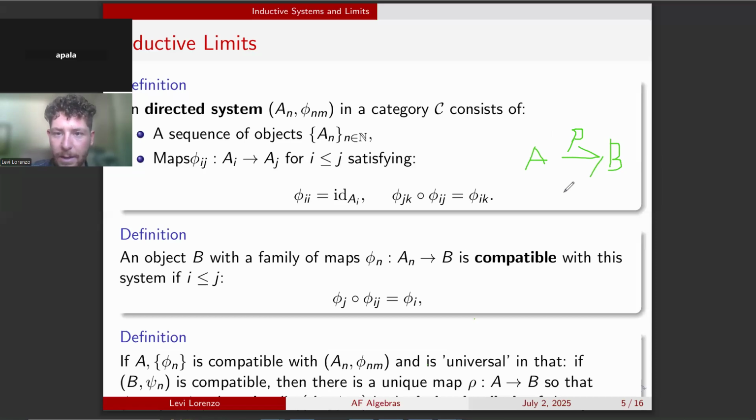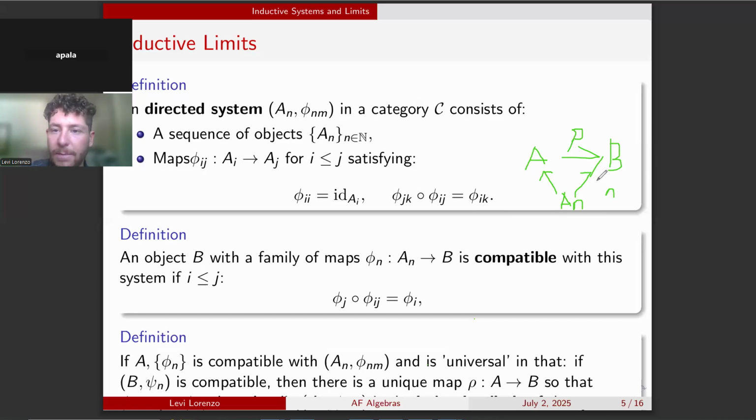Then for any A n here, we should have a map going this way, this is phi n, and then a map from A n going this way, this is psi n. At each level, we should have a diagram that commutes as follows.